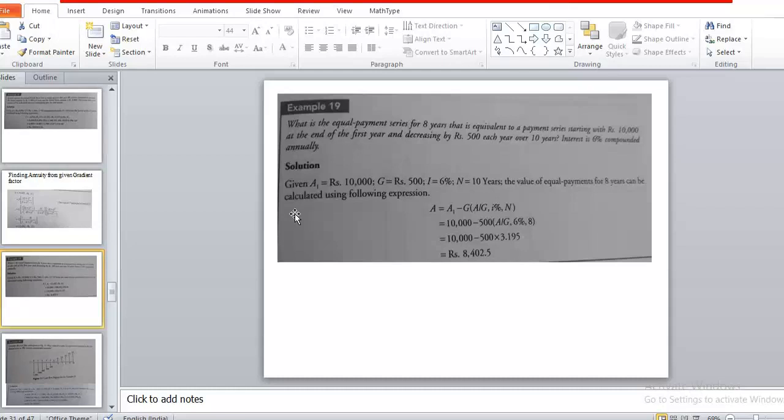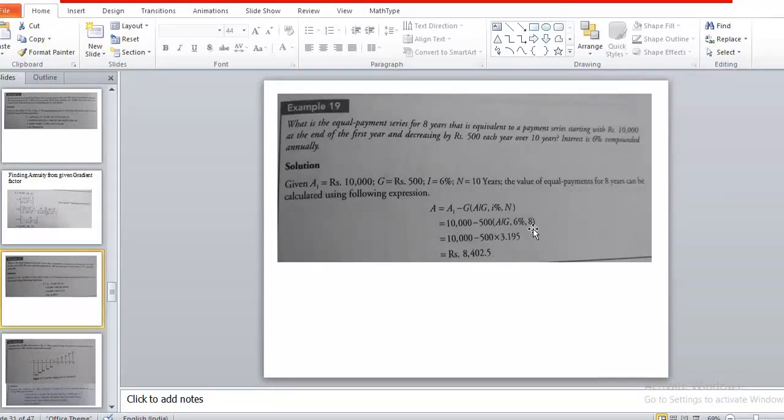After each year, that amount is reduced by 500 rupees. For this period, they ask us to find the annuity equivalence for the 8 years.